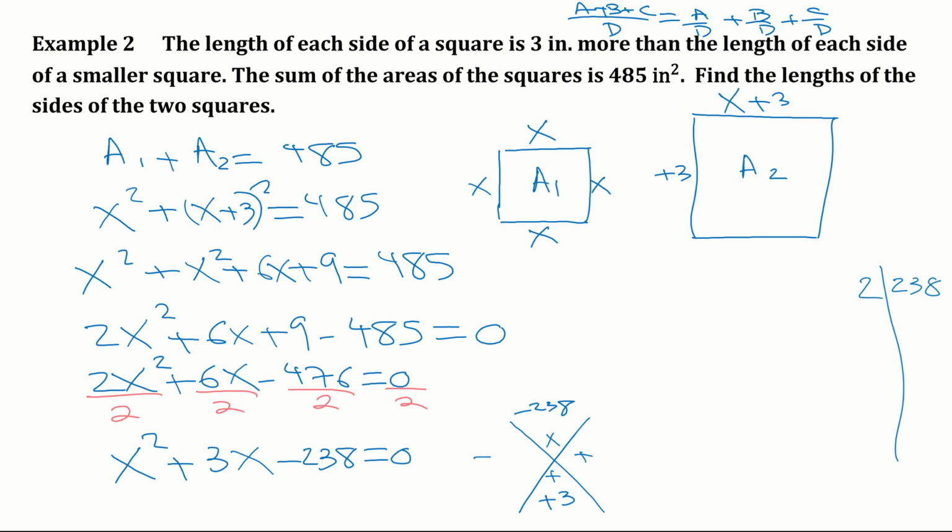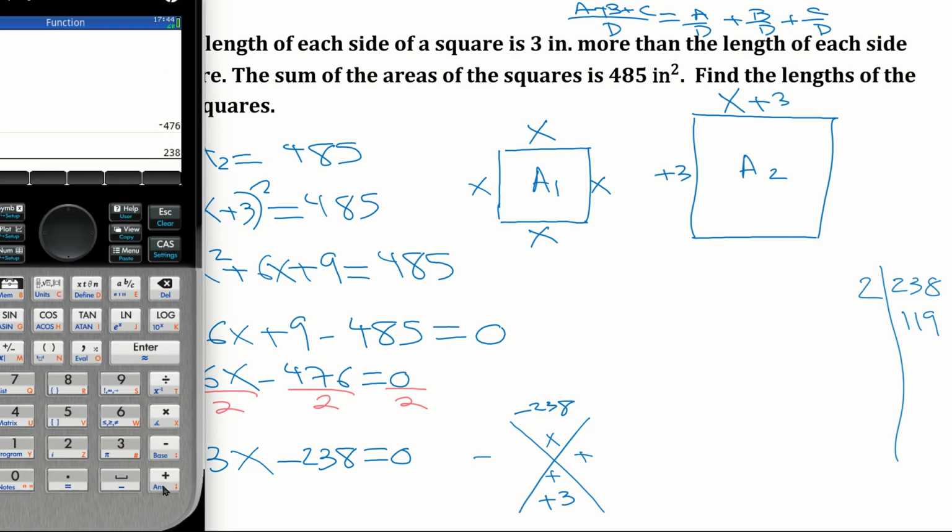2 goes into it, let's see, 119 times. Now 119 is not divisible by 2, is not divisible by 3 because 1, 1 and 9 add up to 11. That's not divisible by 3. It's not divisible by 5. We can try 7.